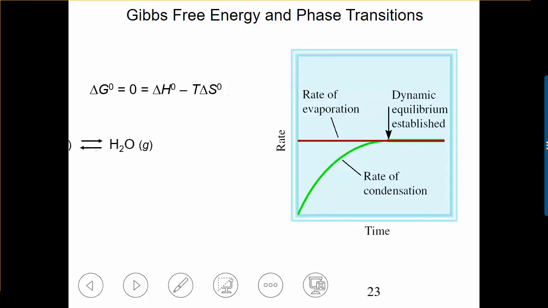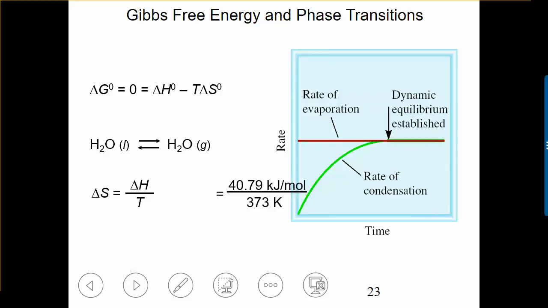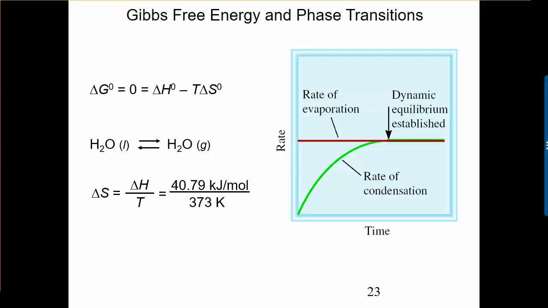So setting delta G equal to 0 does help us a lot of times, like in a situation here. Like I said, in the laboratory, we're going to do a situation like this. Delta G at 0 means it's at equilibrium.